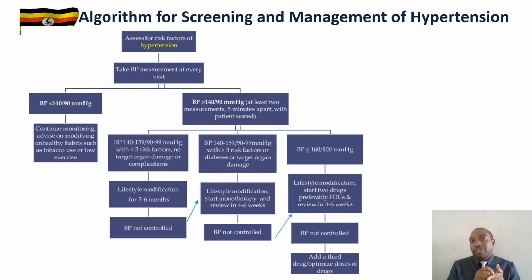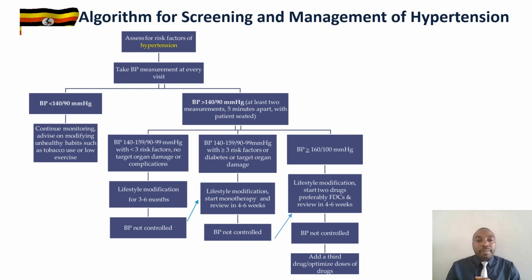They include age, lifestyle, obesity, smoking, family history of hypertension, the number of risk factors for hypertension, and even some medications can predispose to hypertension.